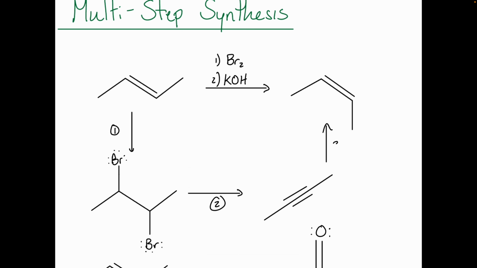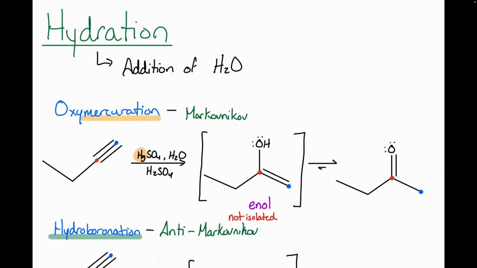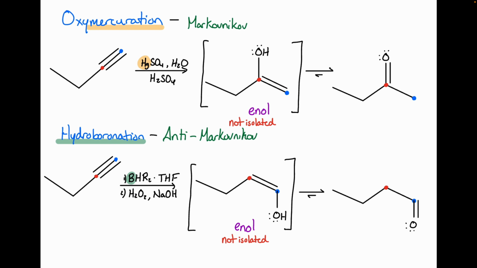So I don't want to lose any carbons in this process. But what other reactions do we have to create carbonyl groups? What did we learn earlier today? Our hydration reactions of alkynes will produce ketones or aldehydes. But I have to start with an alkyne in order to do it.